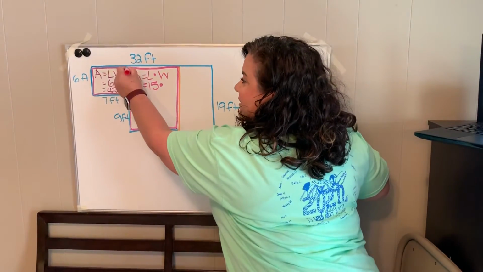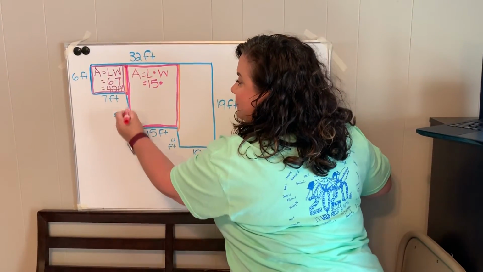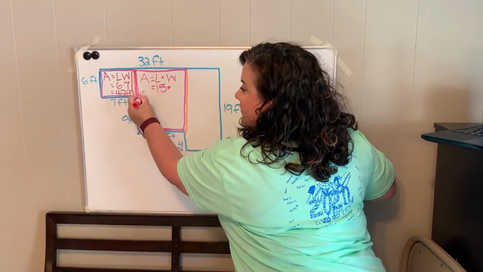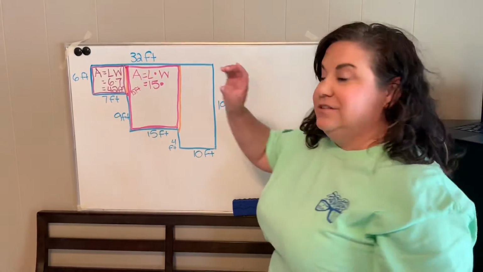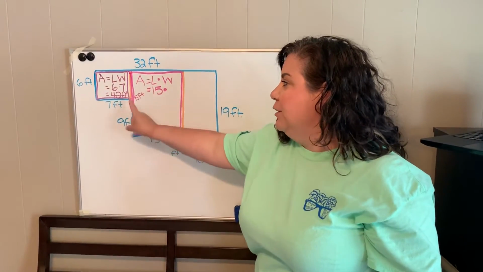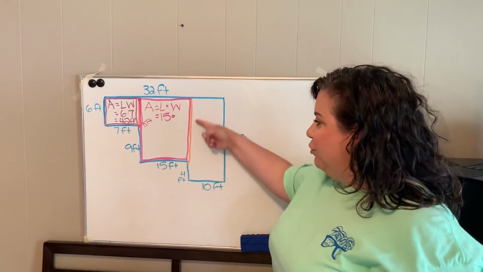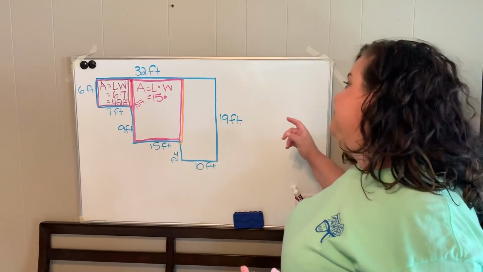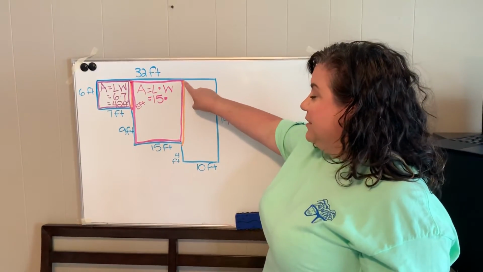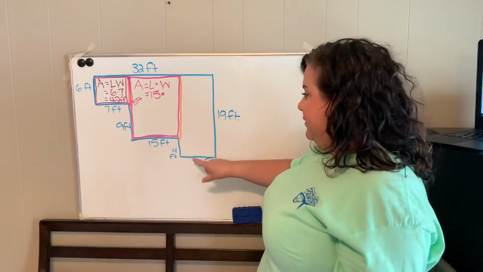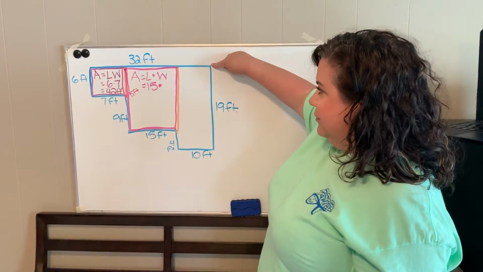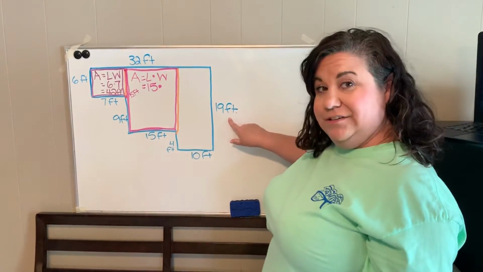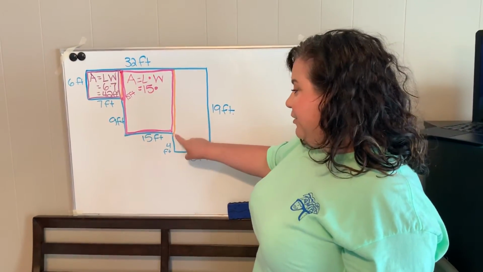So that means that this whole thing is 15 feet. And it's because of the 6 plus the 9, because I don't know what it is over here. Now, I could also check my work here, because if I looked at it on this side, I know that from this tip to this tip is 19 feet, but from here to here is 4.